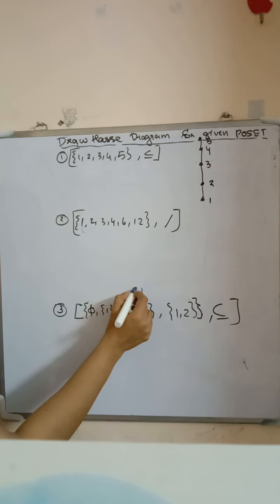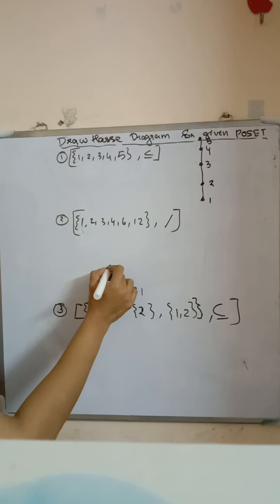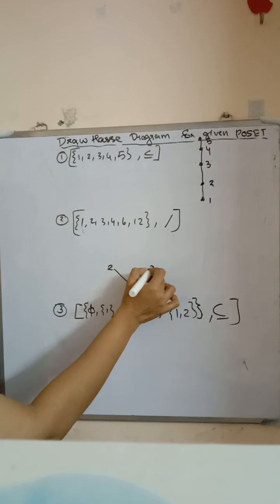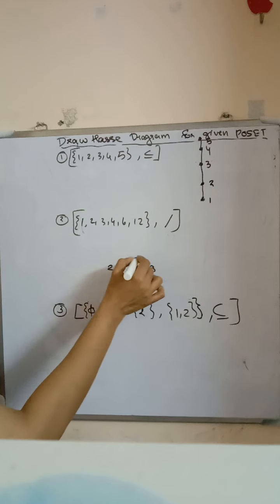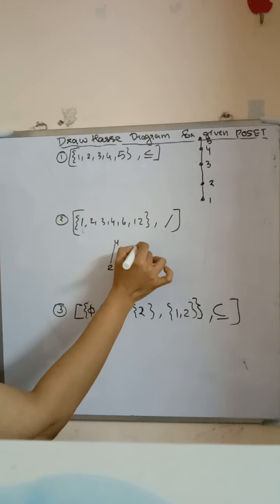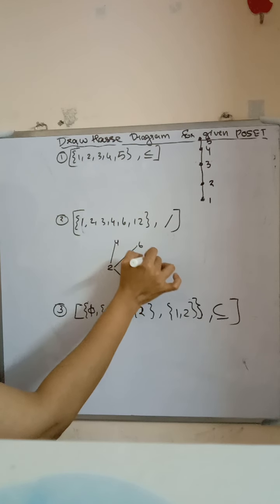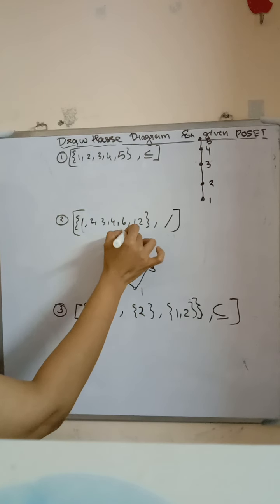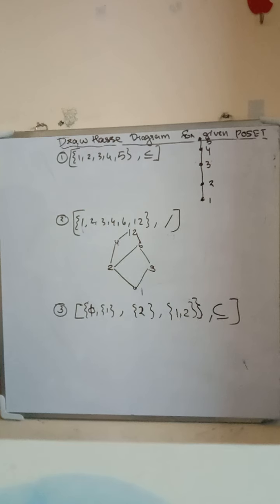First we represent 1: 1 divides 2, 1 divides 3, 2 divides 4 and 2 divides 6. 3 also divides 6, and 4 and 6 divide 12. So this is the Hasse diagram representation of this poset.